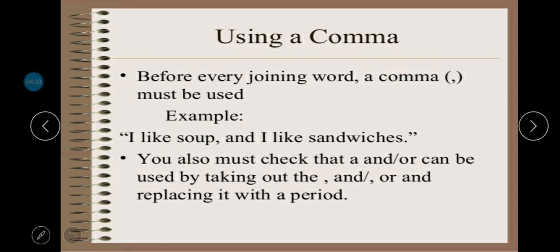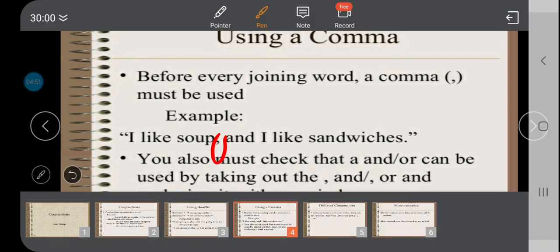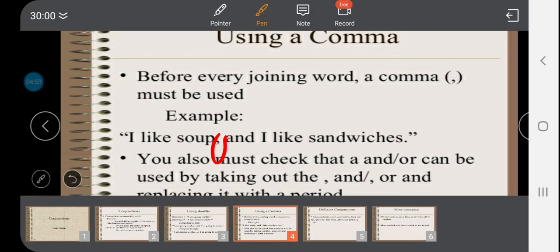So, children, it's simple. When we use the joining word, a comma is used, like you see here: I like soup, and I like sandwiches. So, before using the conjunction word, a comma is used.